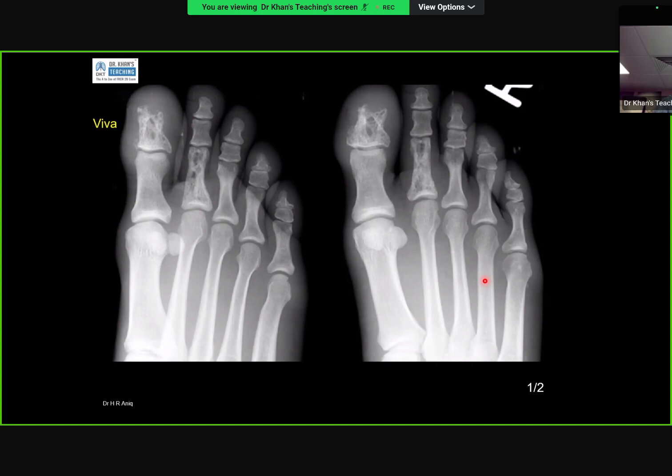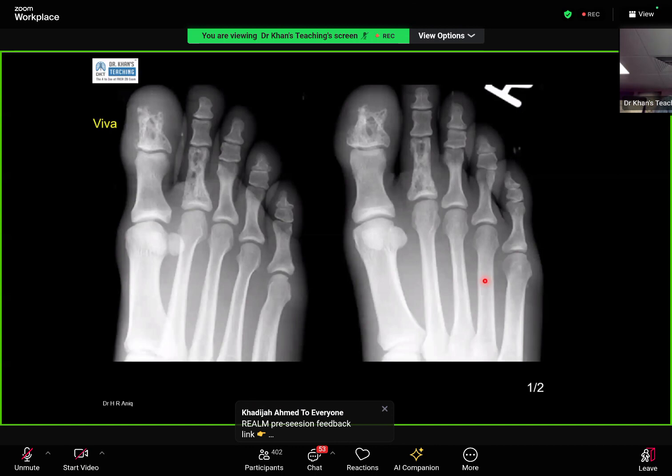So there's soft tissue swelling of the first toe, and there's a bony erosion. So less likely gout, but this is not the position, so no other differential. Okay, very good. Well done.